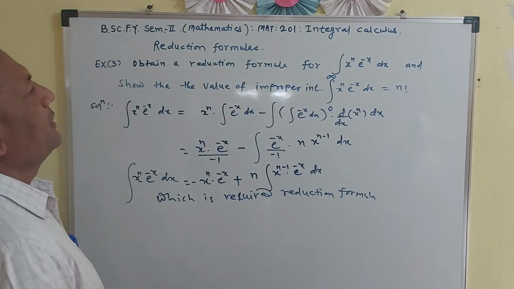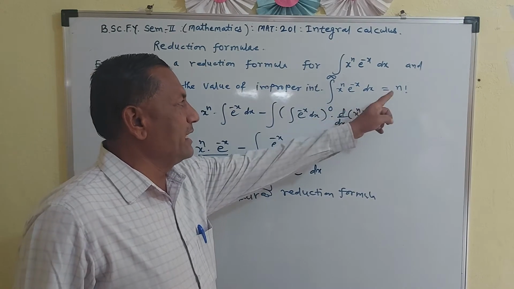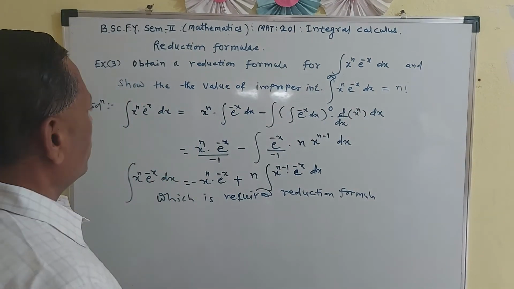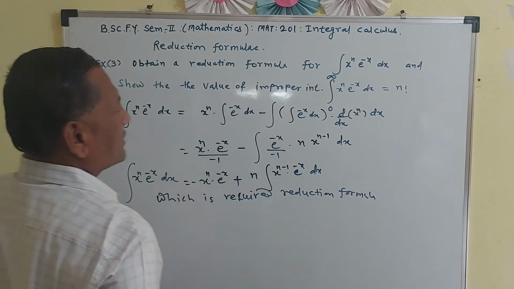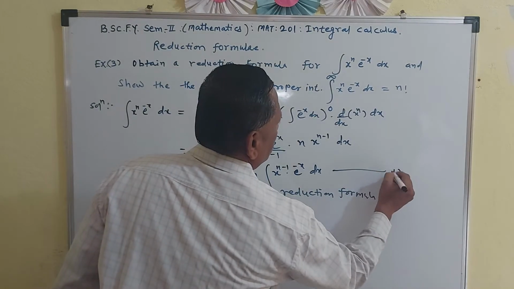But we need the value of the improper integral of x raised to n into e raised to minus x dx, which is equal to n factorial. So using this reduction formula, suppose this is 1.